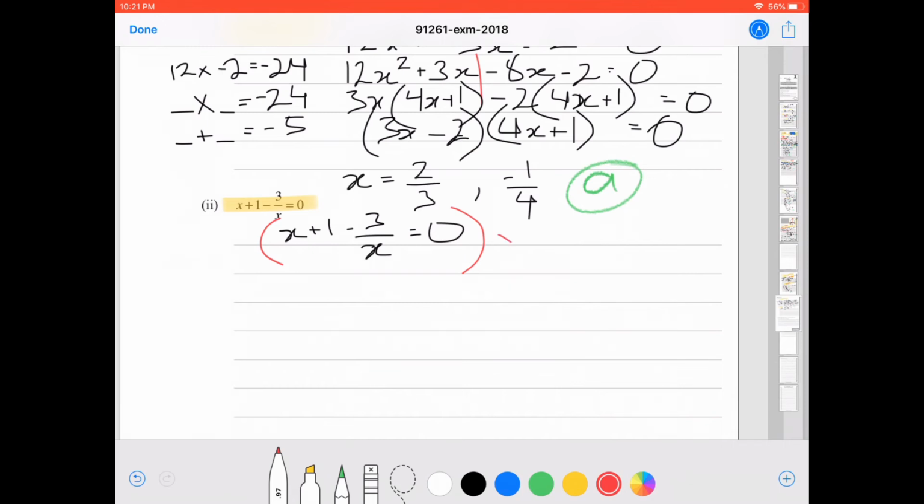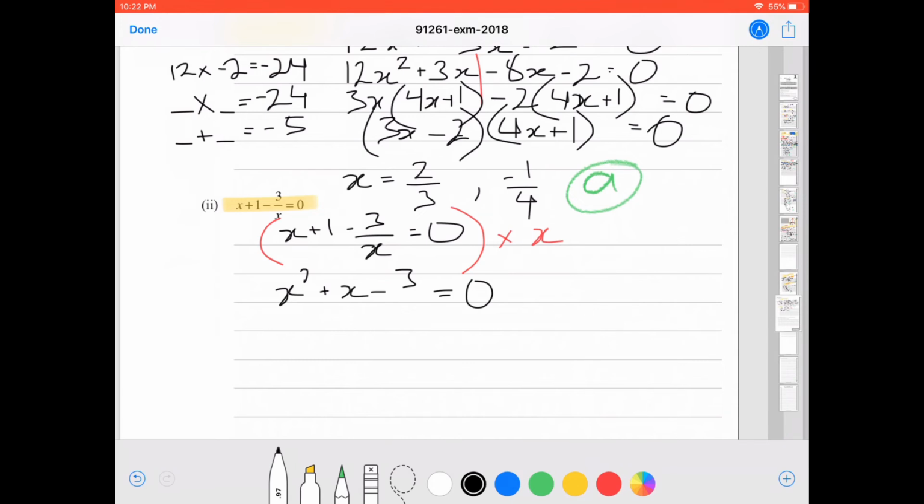That is going to help us get rid of our fraction. We end up with x squared plus x, and minus 3x over x, so our x's cancel, and we end up with minus 3 by itself. That equals 0. This is something we can't really factorize manually like we did in the previous question, so let's just use the quadratic solver here.